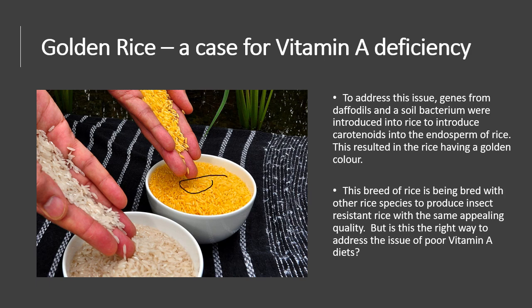I'm sure this is not very common in some places, but in some places it is quite common. So golden rice is a vitamin A rice that is being used to address the issue of vitamin A deficiency in places where rice is a staple.